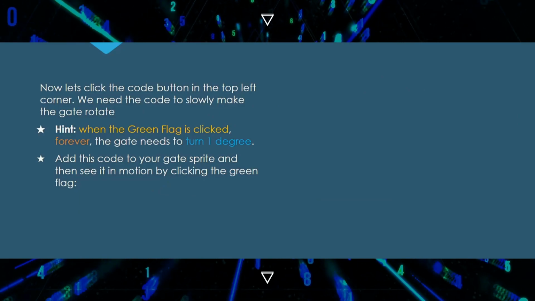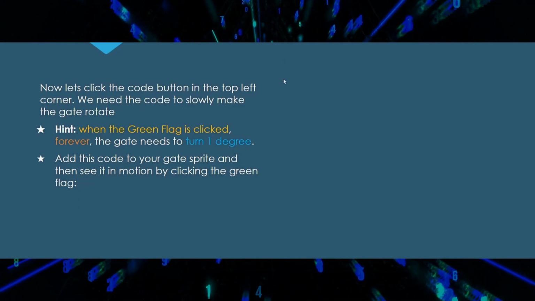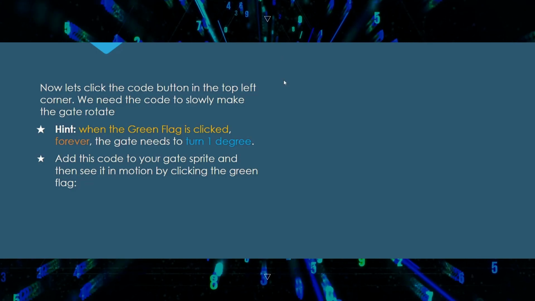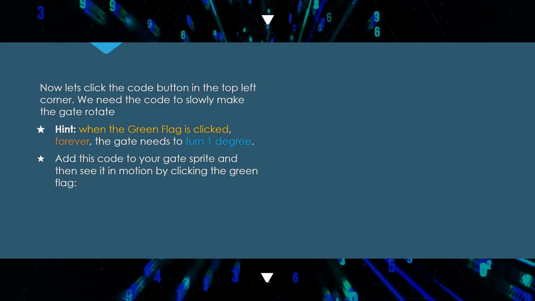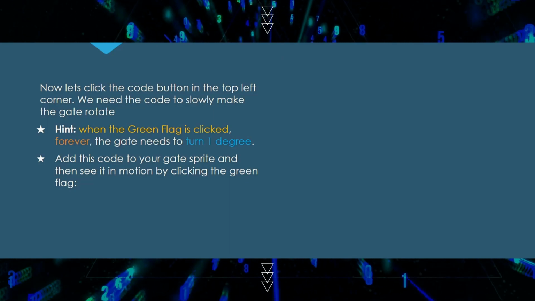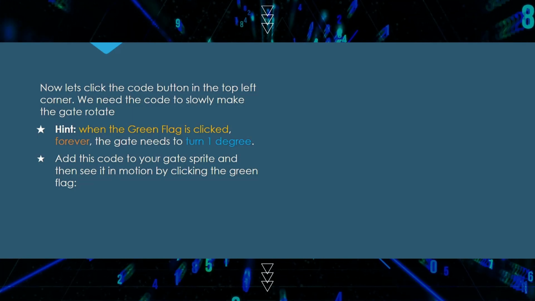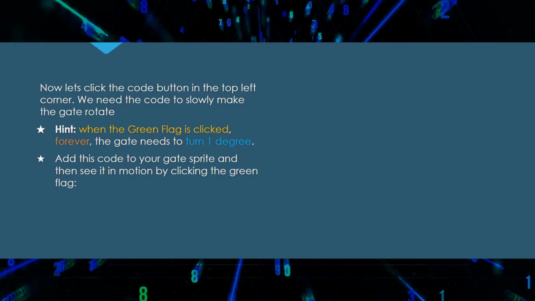So now let's go to the code button at the top left and we can make the gate rotate slowly. Here's a hint. When the green flag is clicked, forever, the gate needs to turn 1 degree. So let's add this code to your gate sprite and then see it in motion by clicking the green flag.